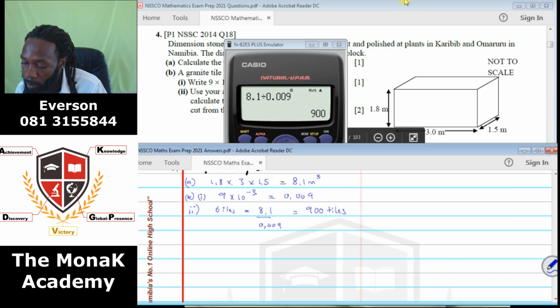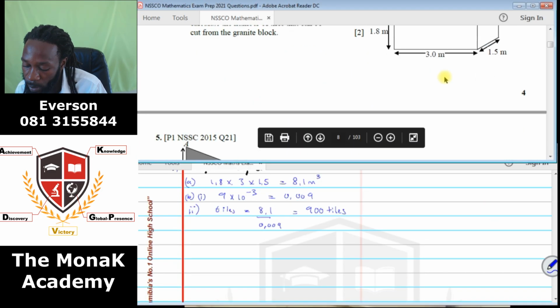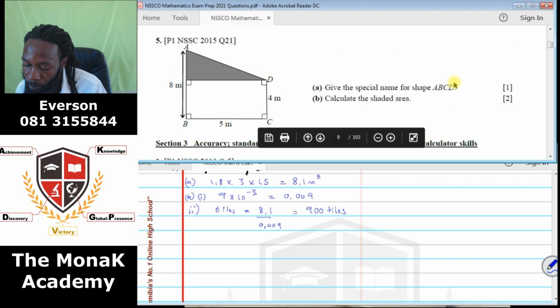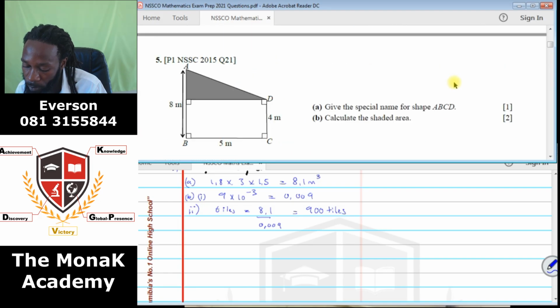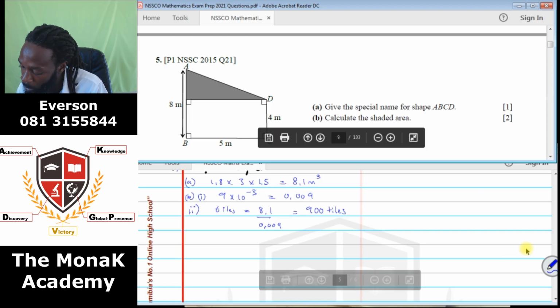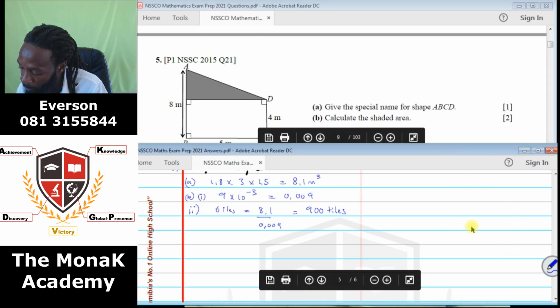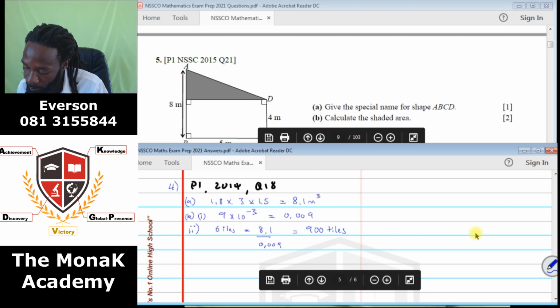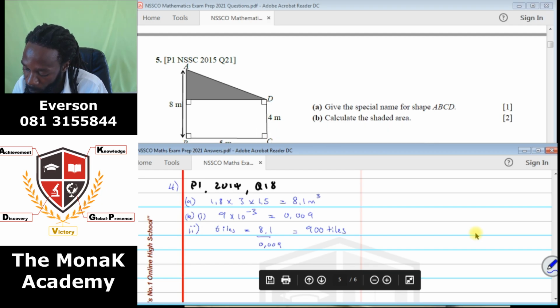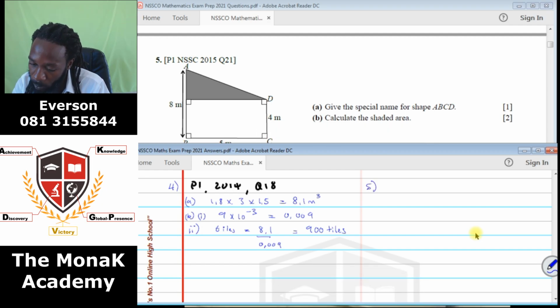And then we look at the last question in this topic, which is number 5. So it's from paper 1, 2015, question 21.